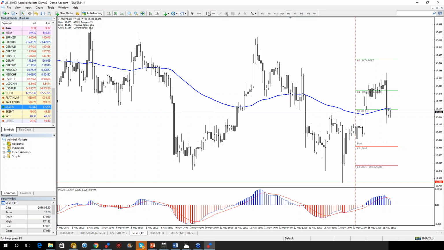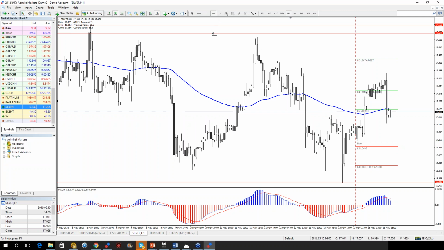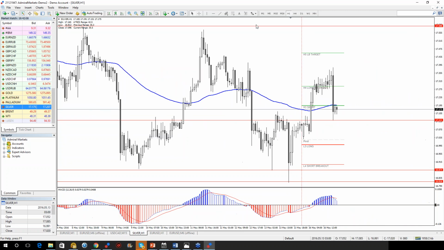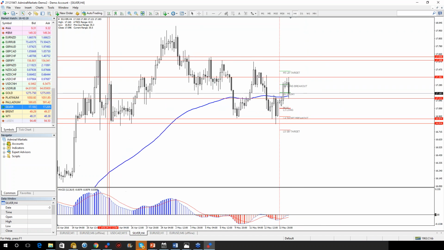The major range, and then you have the minor range here, and minor range, and even you have not an intraday range, but something that is very close to intraday range. See, up, down, up, down, up, down. Nothing interesting with silver.